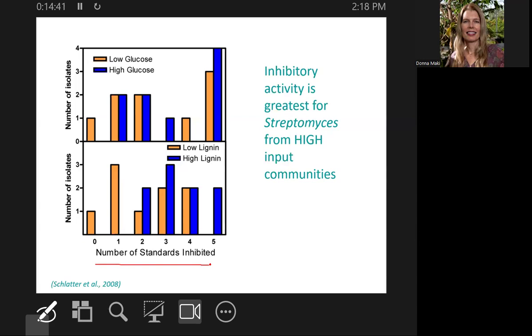And you can see that there's some really nice data here showing that the Streptomyces is really kicking into its inhibition if you have higher levels of carbohydrate in this case.